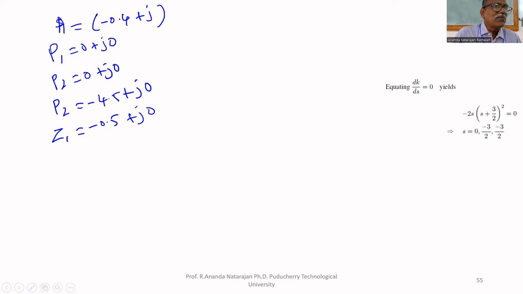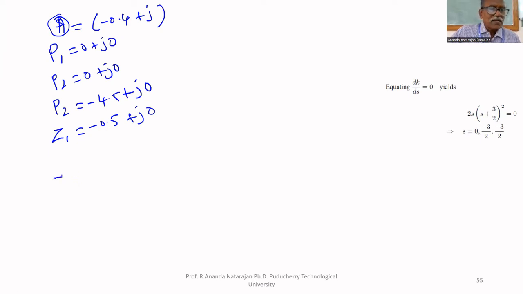How are you finding theta 1, theta 2, theta 3? To find the line joining A to all poles, you will subtract. From A, you subtract P1.